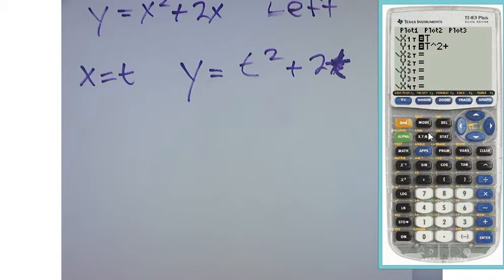Yeah, that's right. Plus 2t. And now for our table, our minimum value is going to be -1. Right? Now, just to see which way this thing swings, I'm going to leave t max at 0 and see if that's the right way. So, is it?